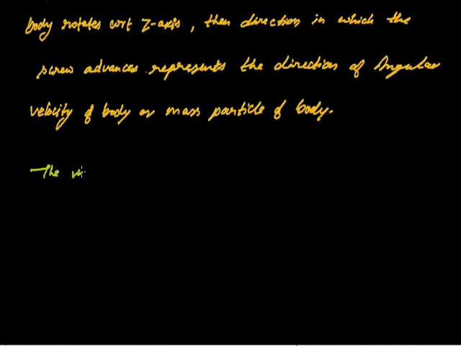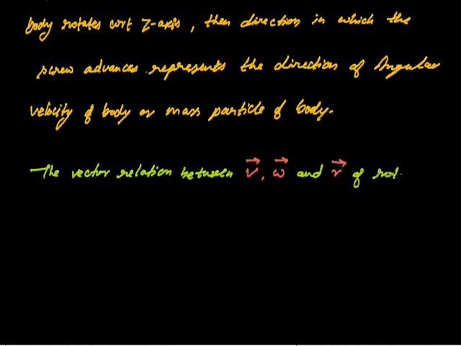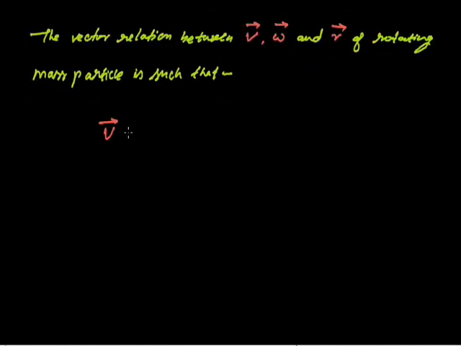The vector relation between linear velocity, angular velocity and position vector of a rotating mass particle is such that v equals omega cross r.